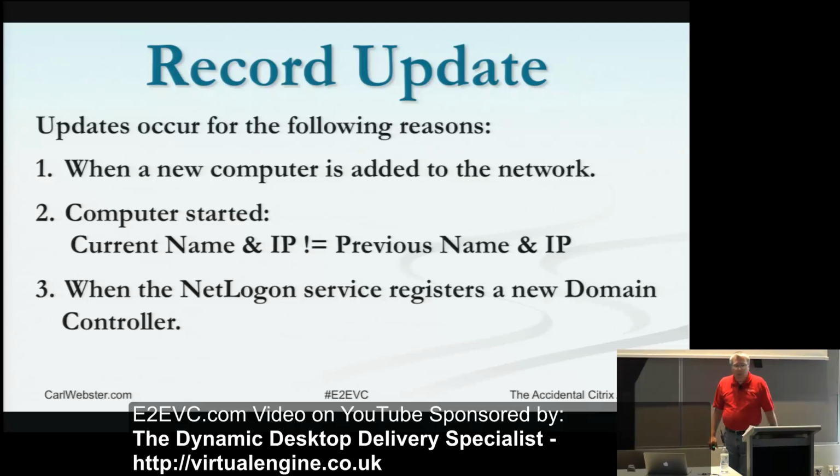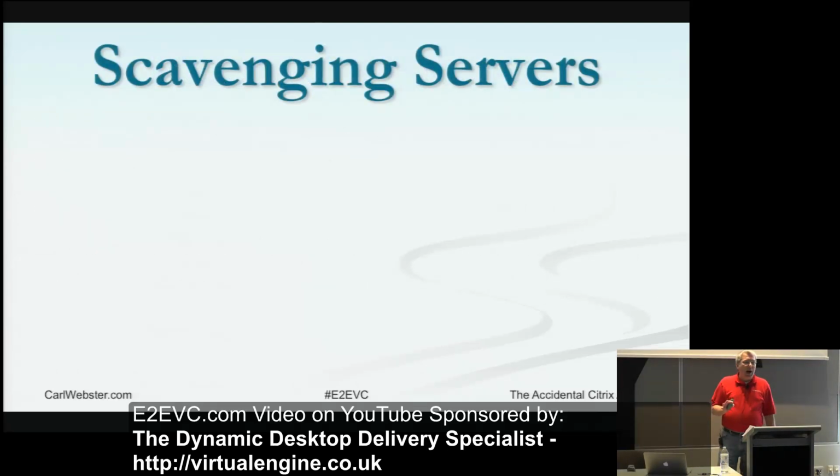Scavenging servers. This is an optional but highly recommended setting that you want. By default, every DNS server in your environment where you go and configure aging and scavenging, all of them will do the scavenging. And that's really not a good thing, because most people have a lot of DNS servers.